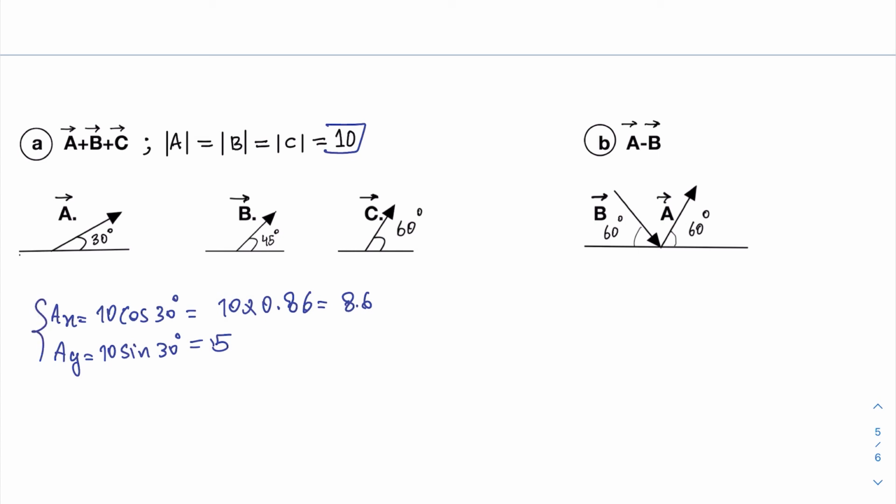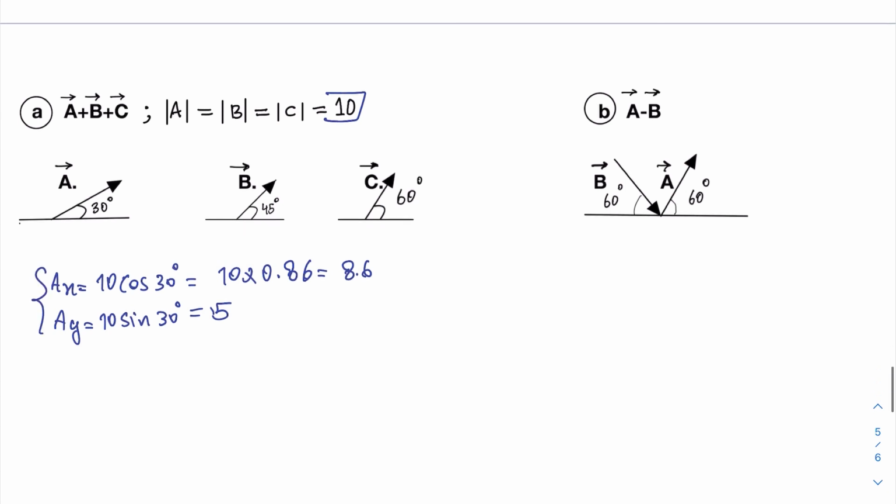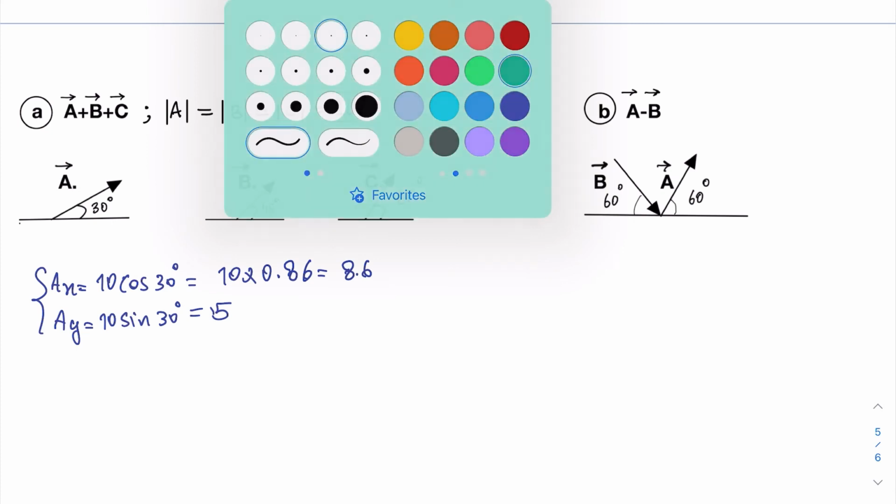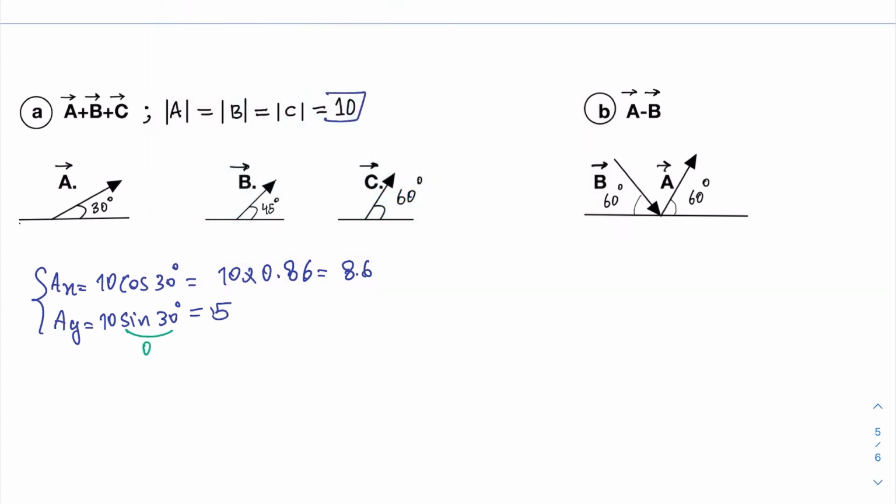So this is for vector A. Sine 30 degrees is equal to 0.5, as you know.